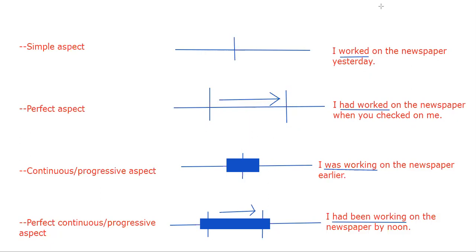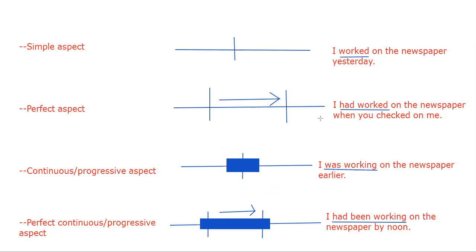Okay. The third one is, I was working on a newspaper earlier, but that was in progress. Like I was in the middle of working on the newspaper. So it didn't take place at a single point in time. This implies that this action was in progress, like it was ongoing.